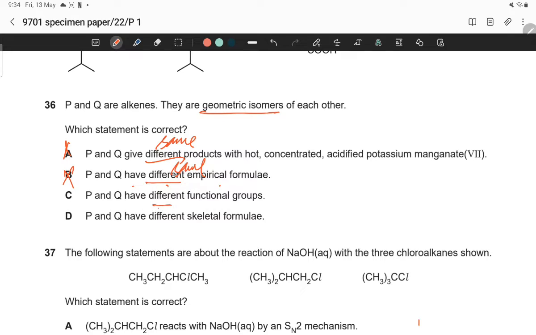P and Q have different functional groups? No, both are geometric isomers of each other, so same functional group. So P and Q have different skeletal formula, yes, that could be.